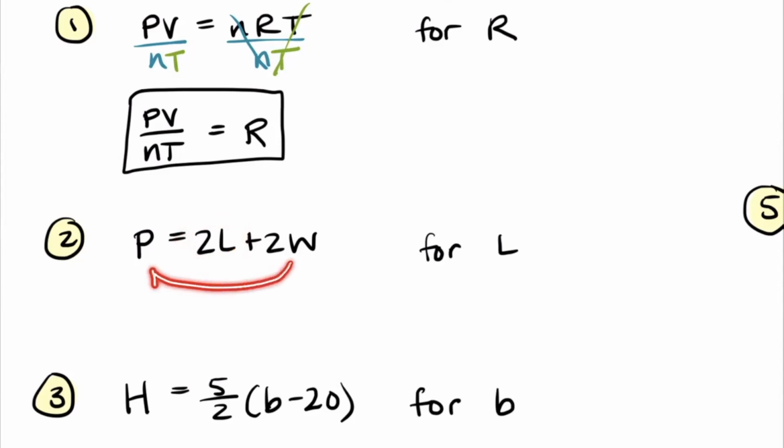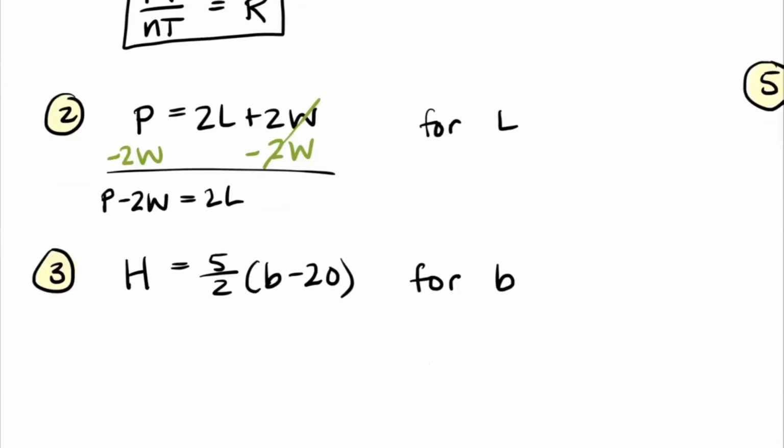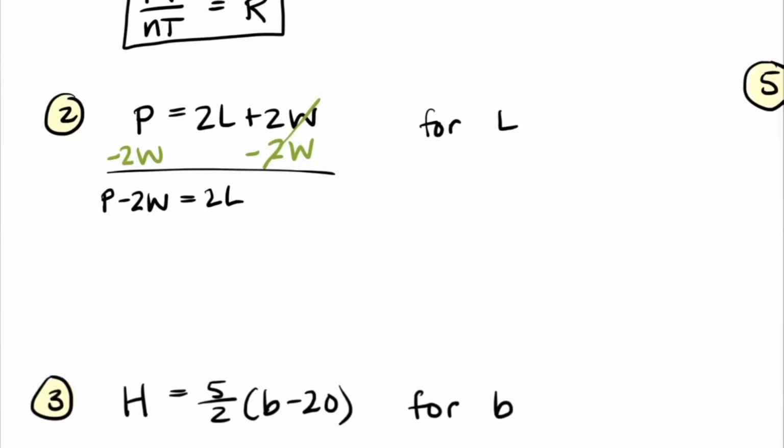So I'm going to bring this 2W over to the left side. And we'll do that by subtracting. On the left side, we can't combine these together because they're not like terms. So I just have P minus 2W equals 2L.